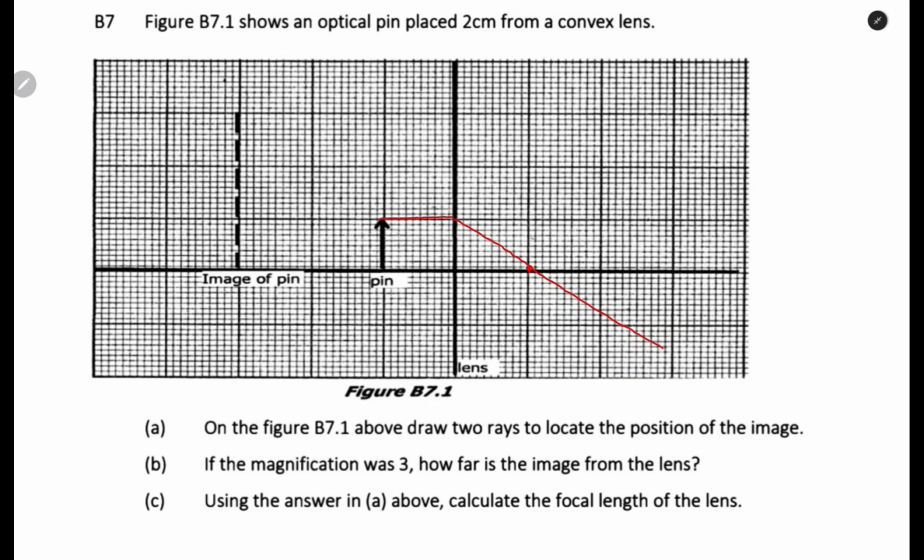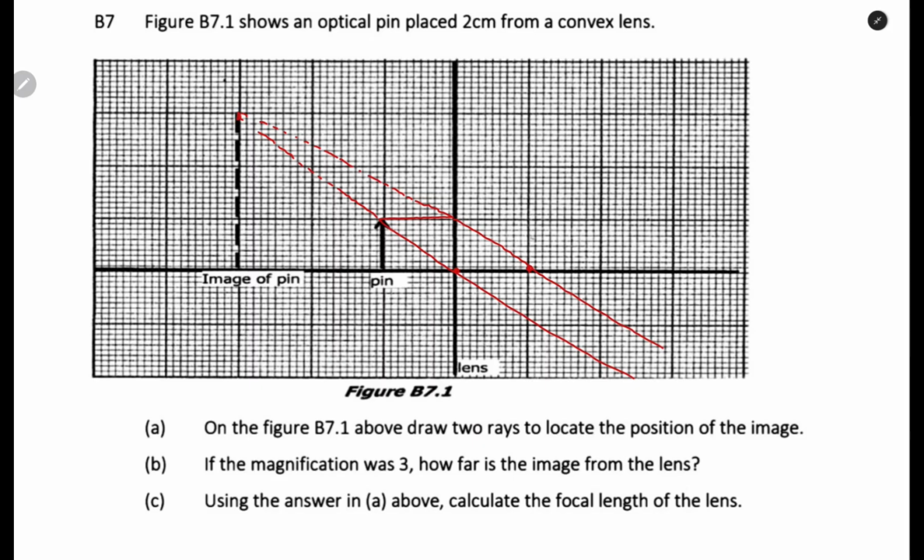Then also the ray of light that passes through the middle part, the optical center, is not refracted. So one is going to pass there. Then now you join them at the end. Okay, so you join them at the end. They are going to be joined like that. That is where the image is. So like that. So we've completed the ray diagram. This is where the image is formed.